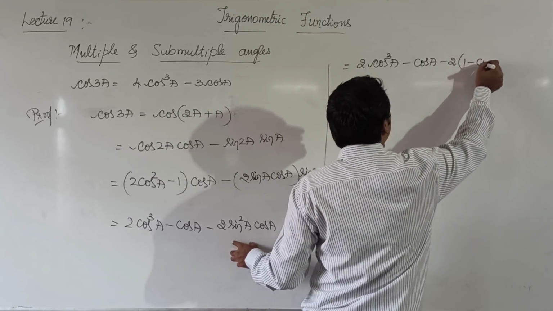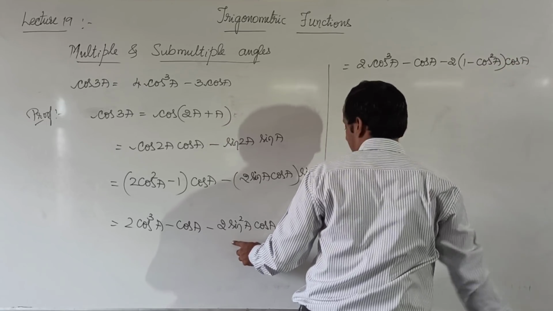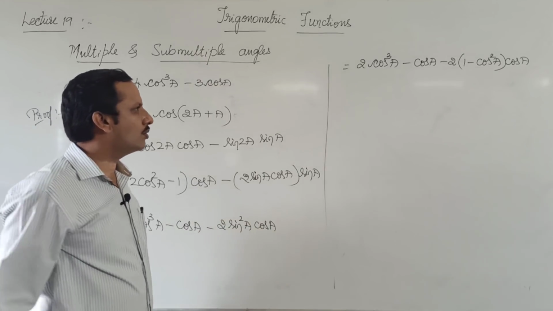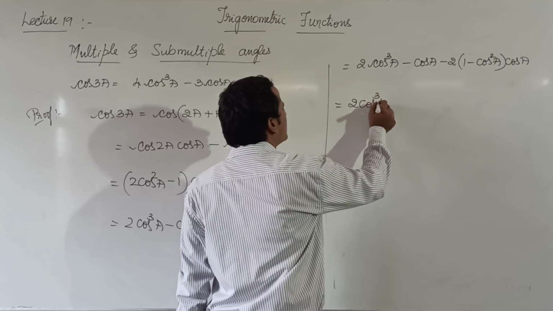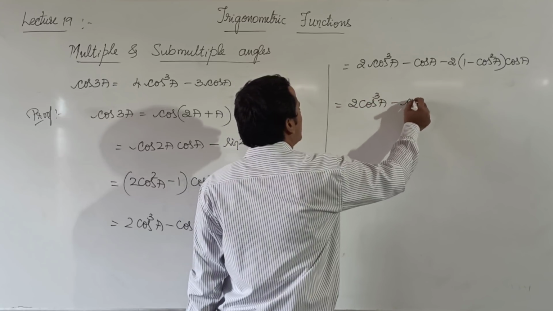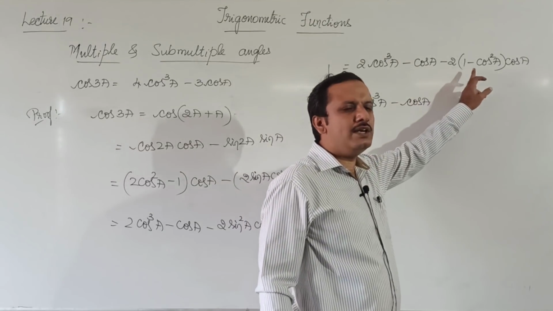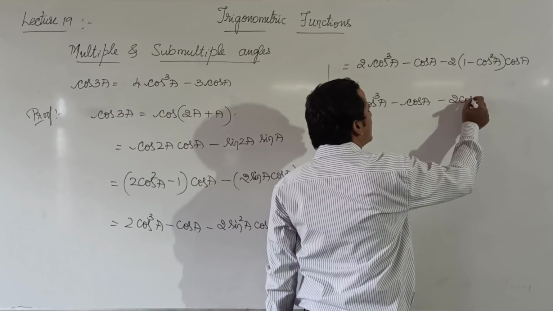I am writing sin square a as 1 minus cos square a, into cos a. So this is equal to 2 cos cube a minus cos a, minus 2 into 1 into cos a, that will become minus 2 cos a.